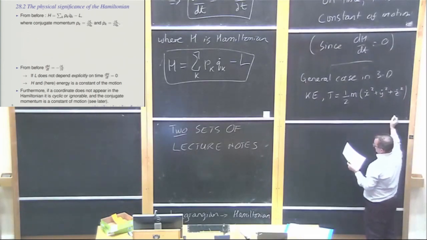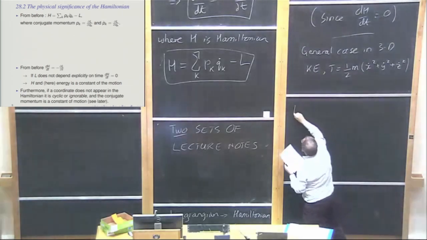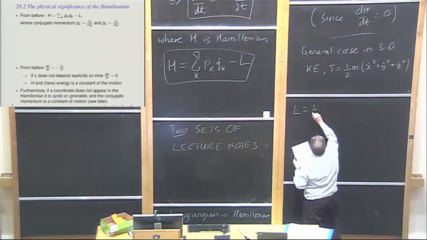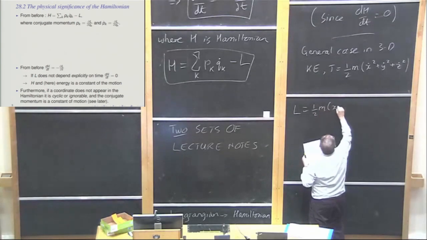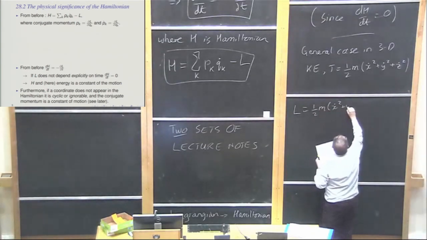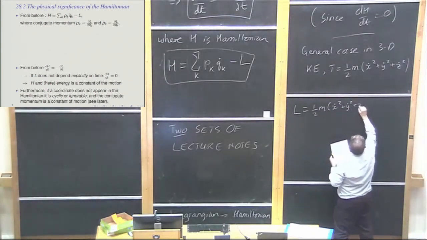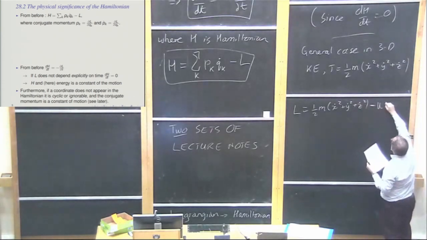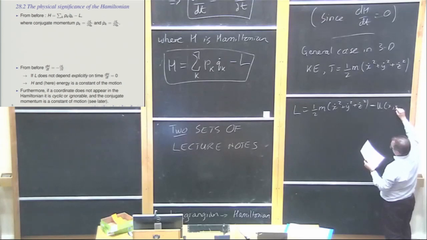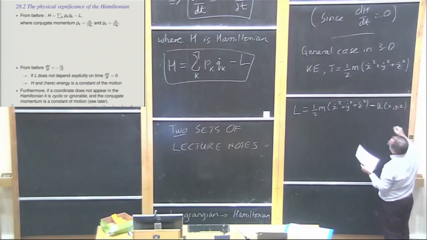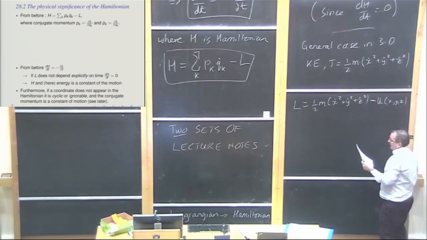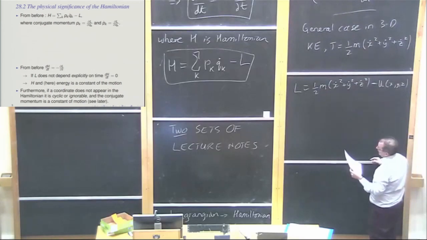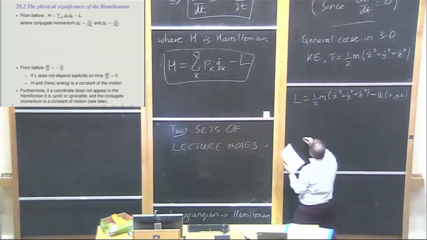And L is just this minus some potential, which we won't specify, but it's a function of x, y, and z. Right, so now we need to work out what the Hamiltonian is.